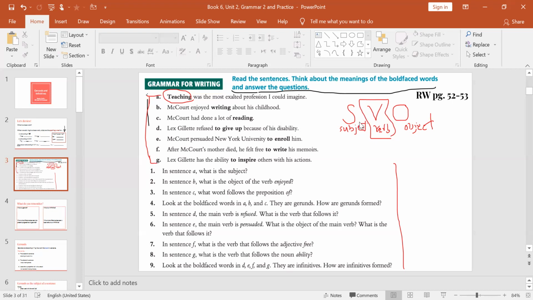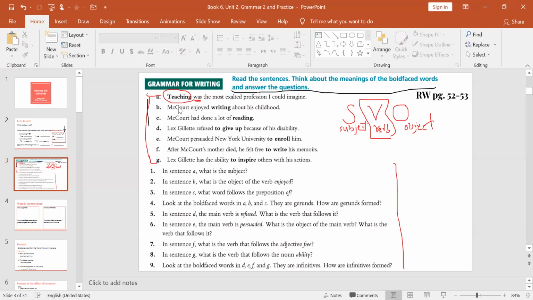Now, there are some slight exceptions here and there, but that is further on in your journey for grammar. What you need to know now is that for the basic sentence in English, you usually have the subject, which comes first, the verb that comes afterwards, and depending on the sentence, an optional object, okay? So here, we identify the was as the verb, and then the rest of this stuff would be considered the object or predicate, okay?